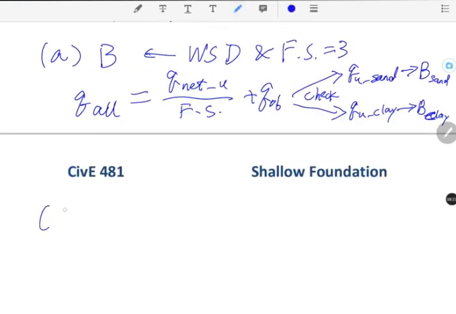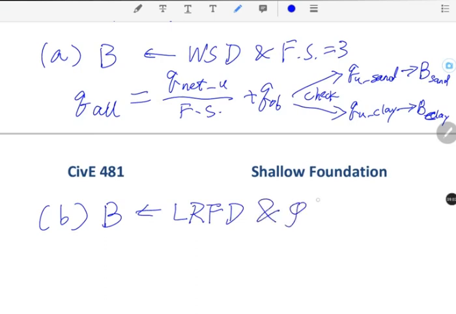Part B, to determine the width of footing using LRFD design, and phi factor for the geotechnical resistance to be 0.5 for shallow foundations.